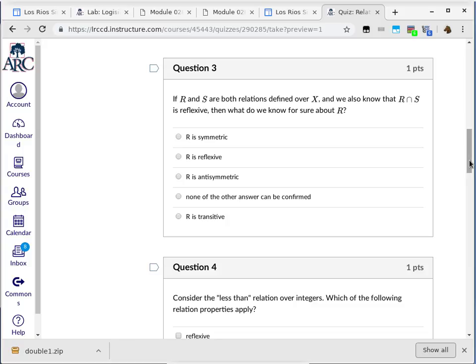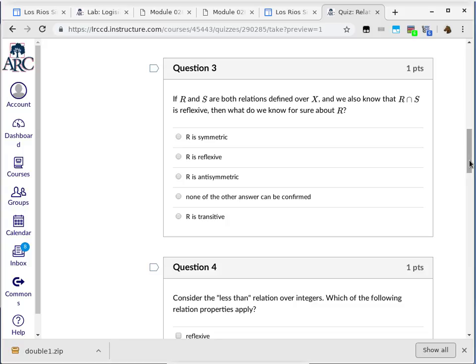So the intersection is known to be reflexive, which means every element in X relates to itself. Doesn't matter whether you're talking about the R relation or the S relation, because that's the common part. The intersection is the common part between two sets. So that means we know for sure that R is going to be reflexive.